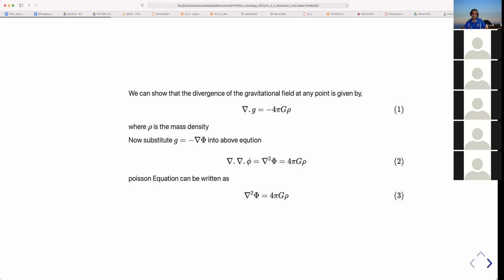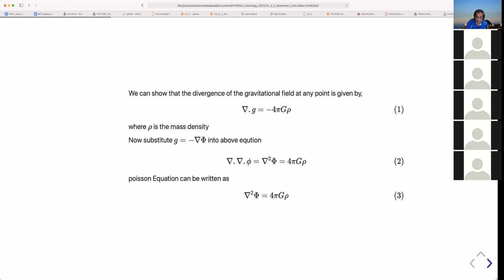So what we are going to do is to prove the principle of consistency, which means under appropriate conditions, the field equations can be reduced to this particular equation, which is the Poisson equation that we can write for gravity under Newtonian theory, right? So that is our plan.